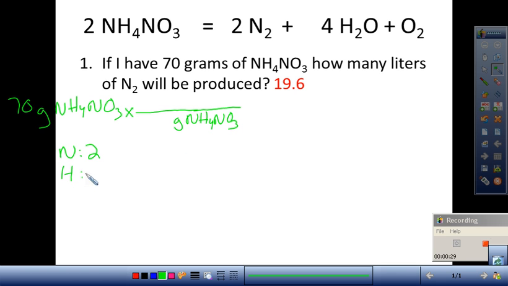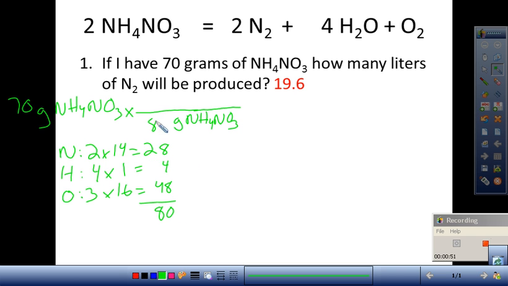I have 4 hydrogens, and I have 3 oxygens. I go to my periodic table and I look up nitrogen, I look up hydrogen, and I look up oxygen. And I'm going to multiply across. I add down, that's my grams.